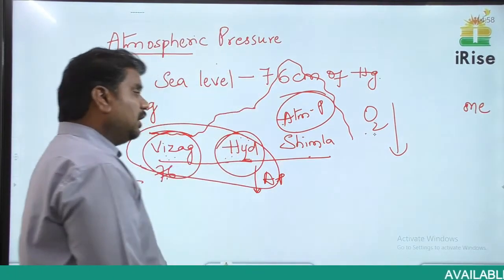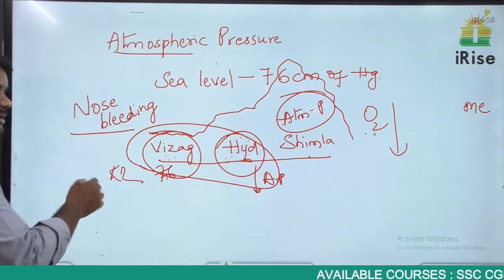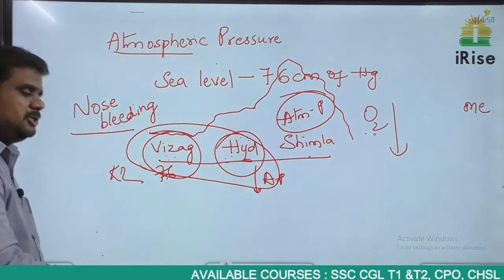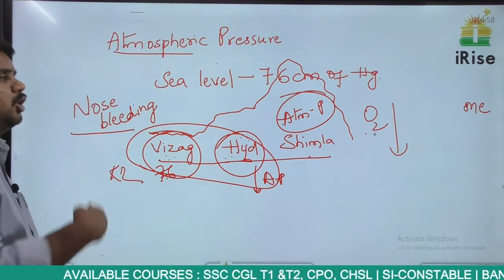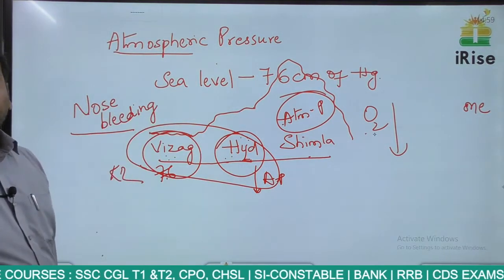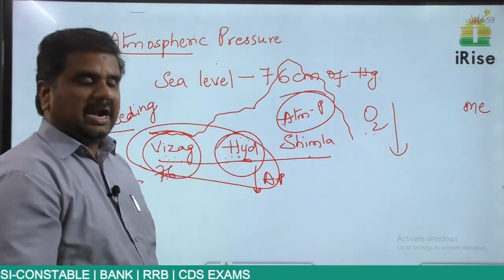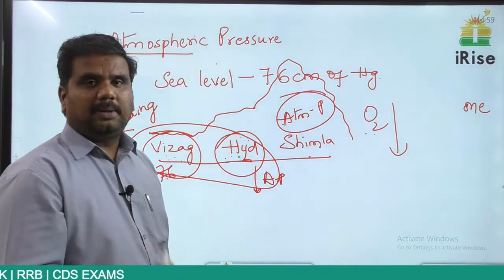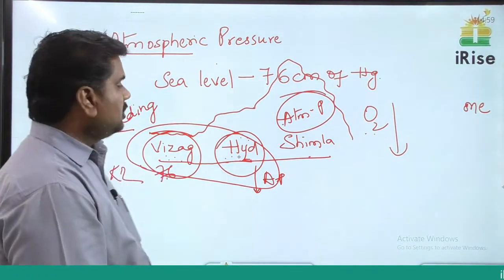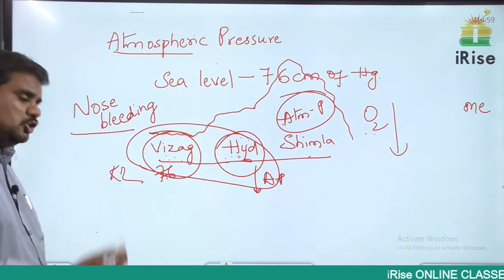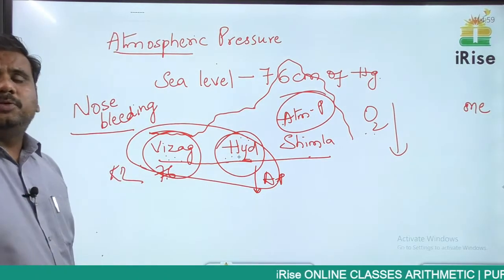That is the reason why first nose bleeding will start taking place. The reason is that the pressure inside the body is more when compared to atmospheric pressure. In a place like Vizag or Hyderabad, atmospheric pressure and body pressure are both balanced, so you are able to do your activities without any problem.